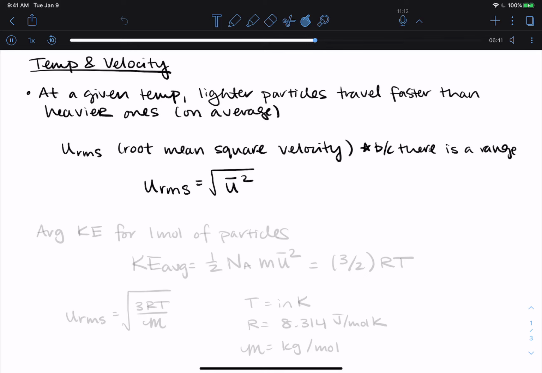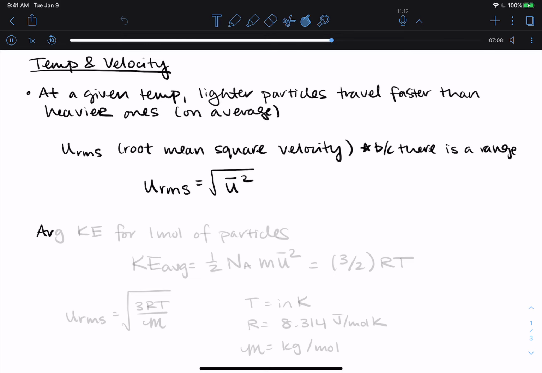We don't have a way to find the velocities of the individual particles and then actually calculate this. And I mean, probably someone does, but we as general chemists do not. And I don't expect you to be able to do that. But we do have a way to get into this from some other information.